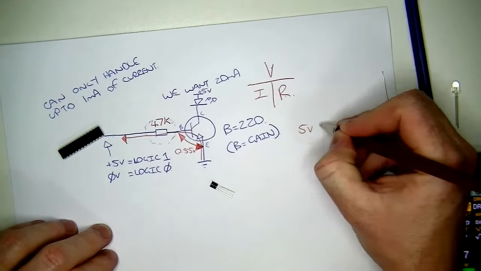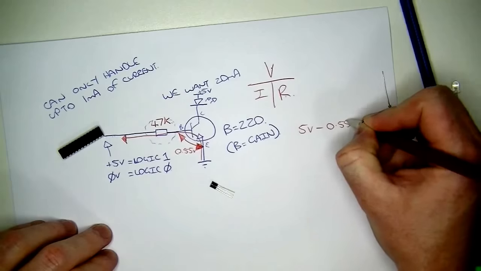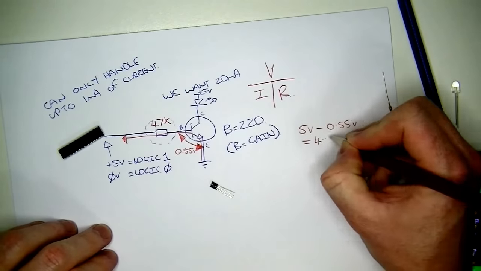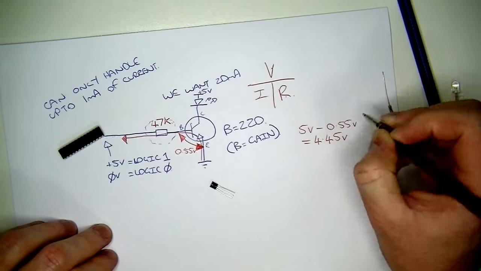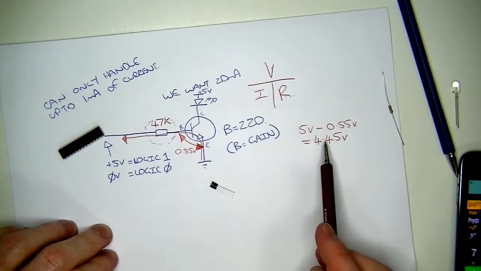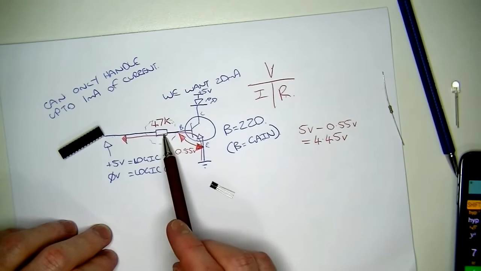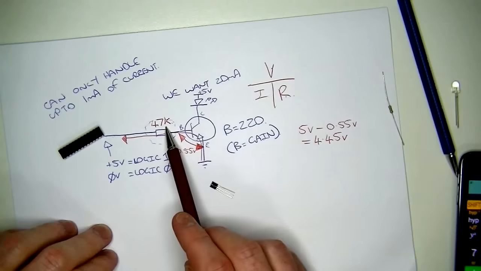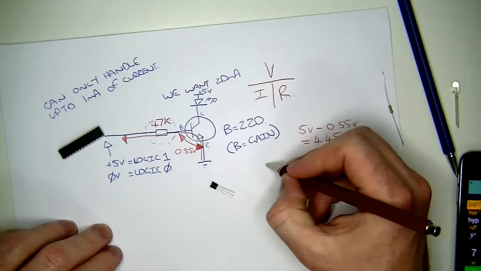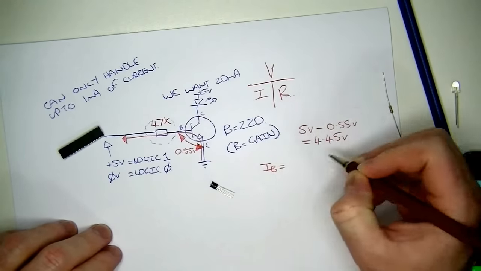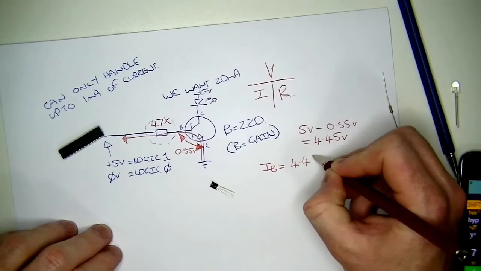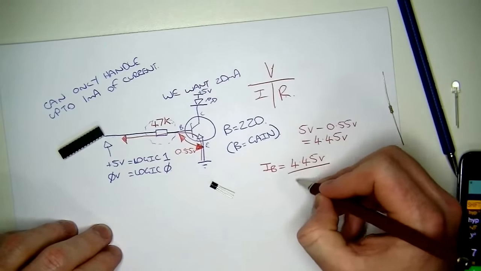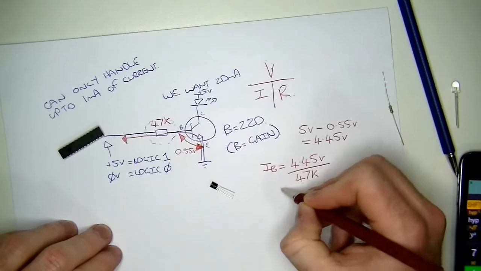So 5 volts, take away 0.55 volts, equals 4.45 volts. So now we know the voltage across that resistor, we know the resistance of that resistor, now we can get the current. So the base current, IB, equals 4.45 volts divided by 47k.